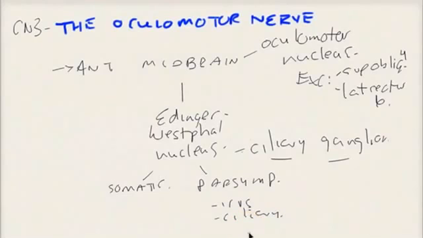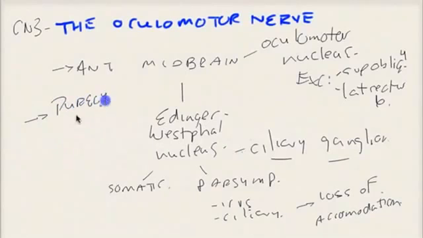Now, paralysis of the parasympathetic fibers will lead to a fixed, dilated pupil, and it causes an inability of the lens to change shape, which means we have a loss of accommodation. And finally, don't forget that the oculomotor nerve is purely motor.